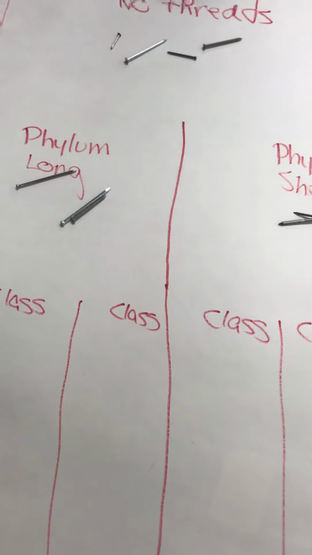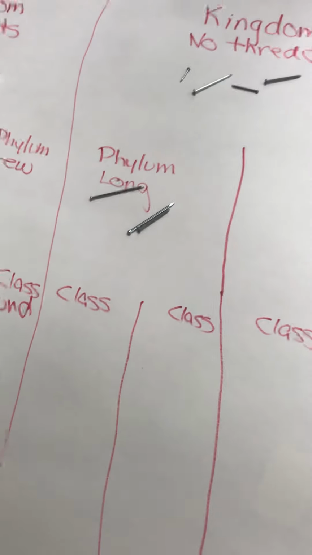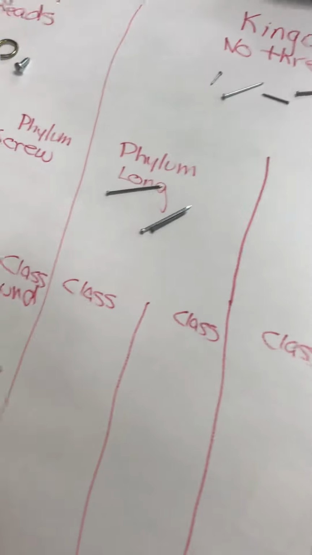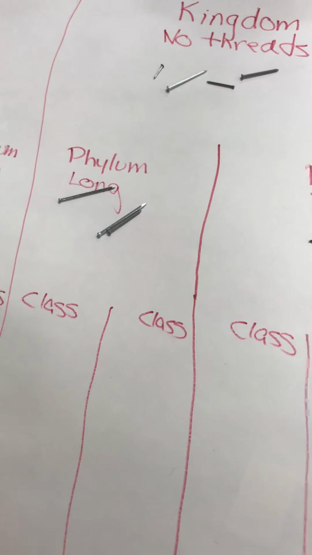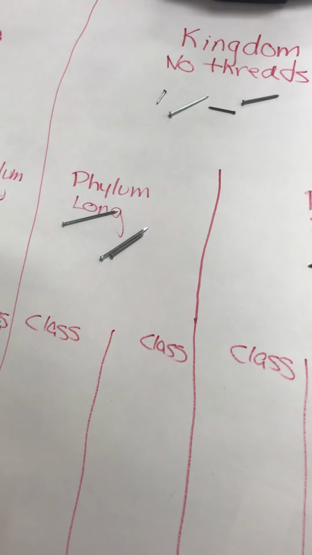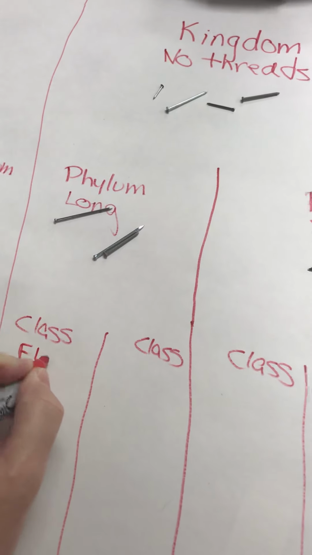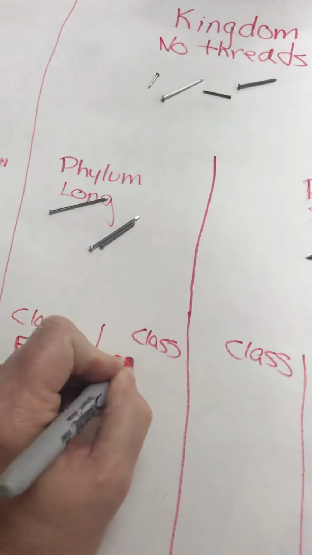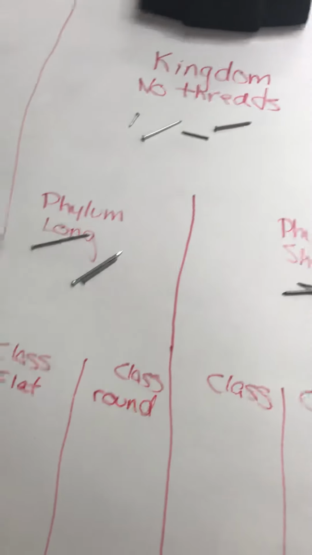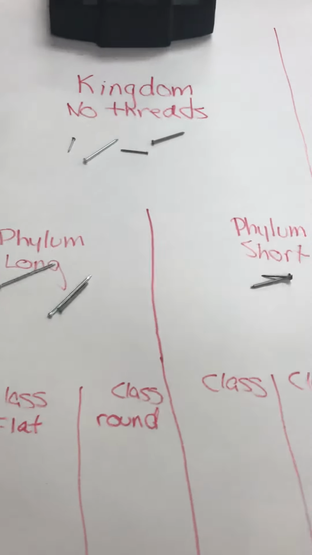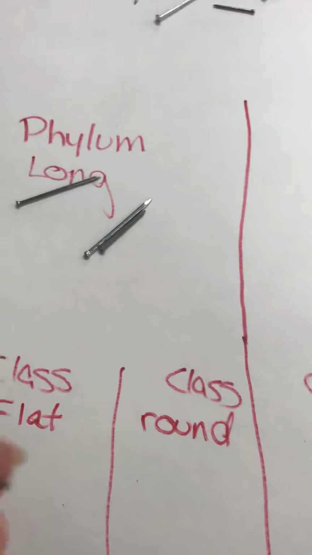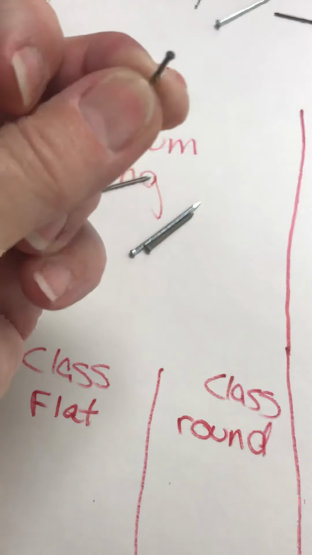My classes are going to be, has to do with the heads as well. Let's see. Head flat, head round. So you have some that the head is not terribly big.